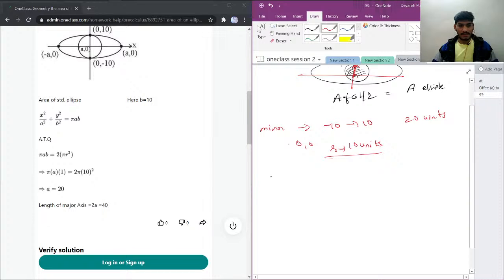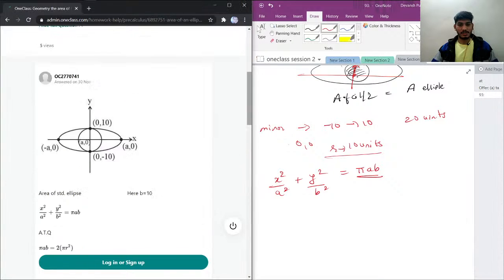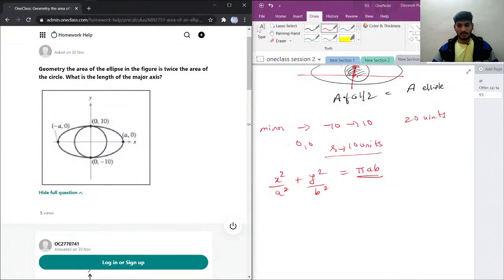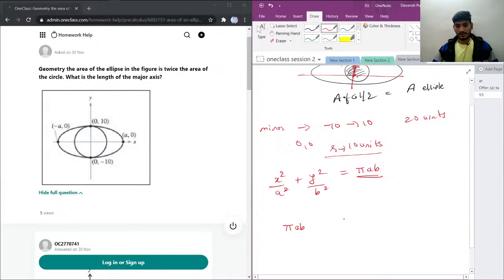And let's see, okay, so the area of the standard ellipse. The area of a standard ellipse is pi times AB. In the question it is given that the area of the ellipse is twice the area of the circle.